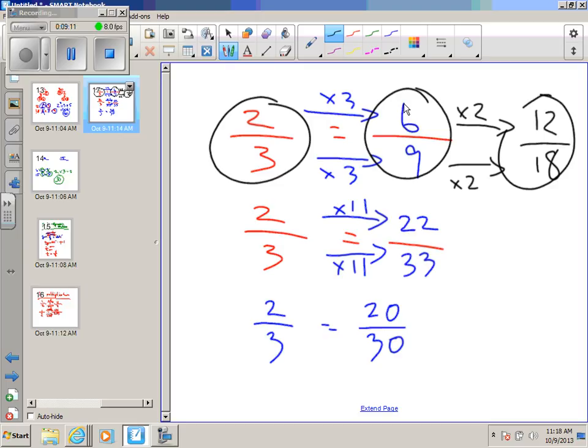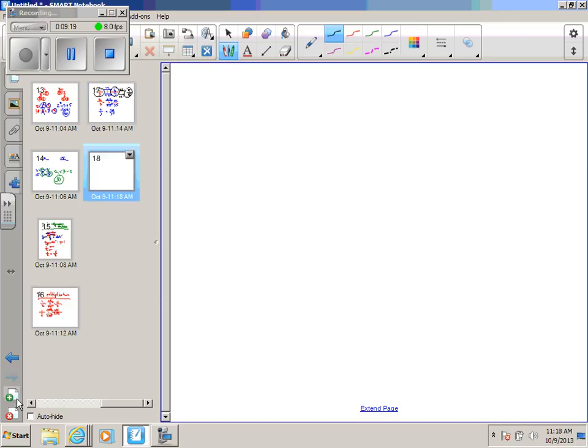All right. Now, if multiplication is one of the ways you can make equivalent fractions, what's the other way? Division. So if we take a look at 10 12ths and we want to make an equivalent fraction using division.